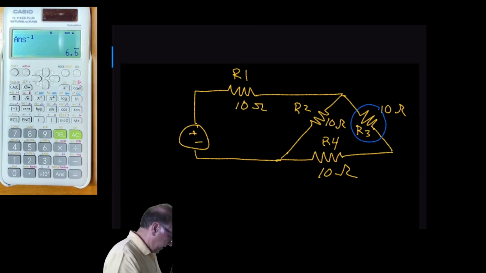So going back to the original configuration, our source current is 6 amps. That flows through R1. We can draw a voltmeter across R1.